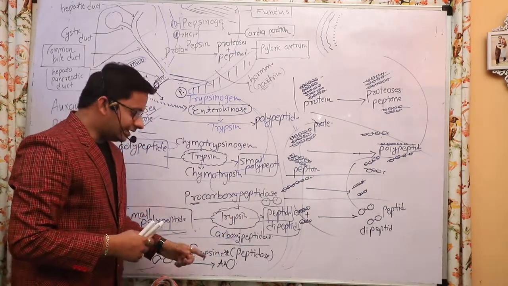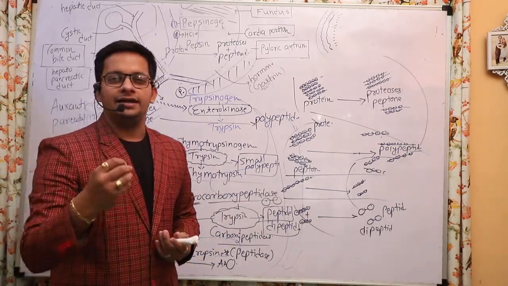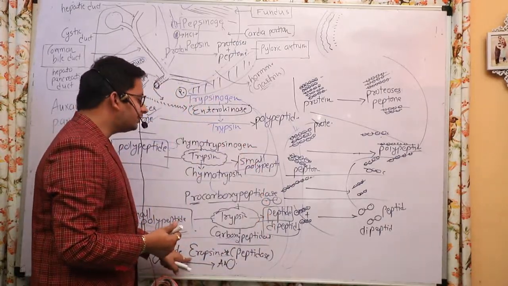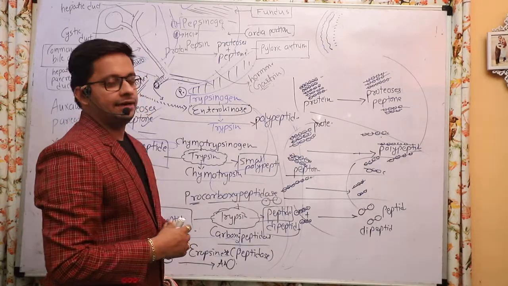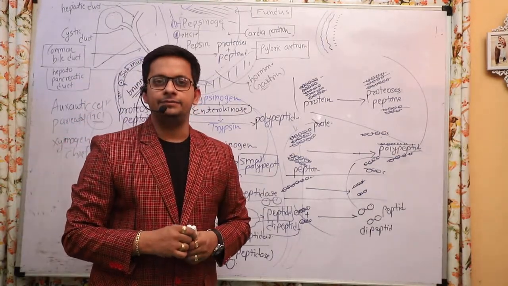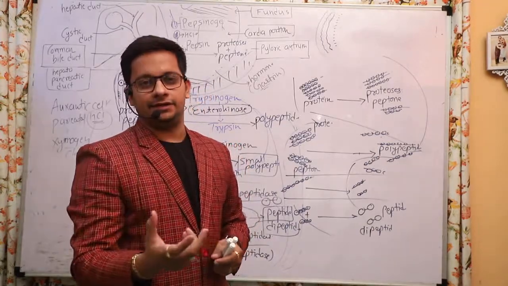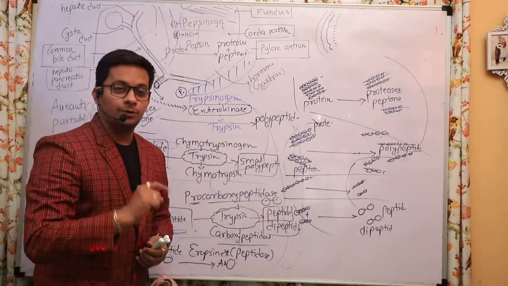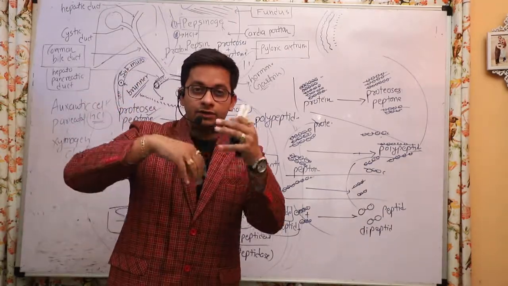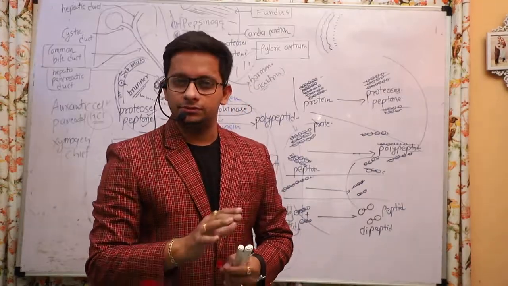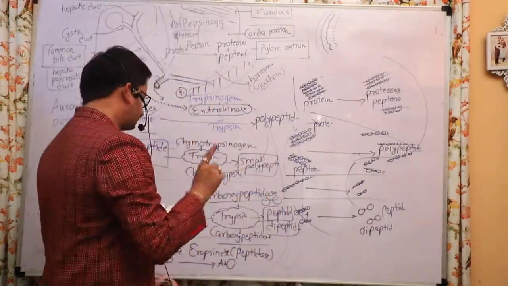But erepsin is already an active enzyme. So this is the odd one out among enzymes related to protein digestion, because all enzymes have to be activated, but erepsin is already in active form. Now protein is converted into amino acid, so protein digestion is completed in the human body.